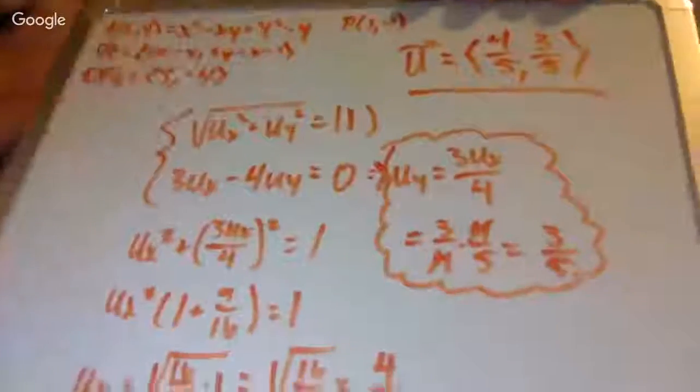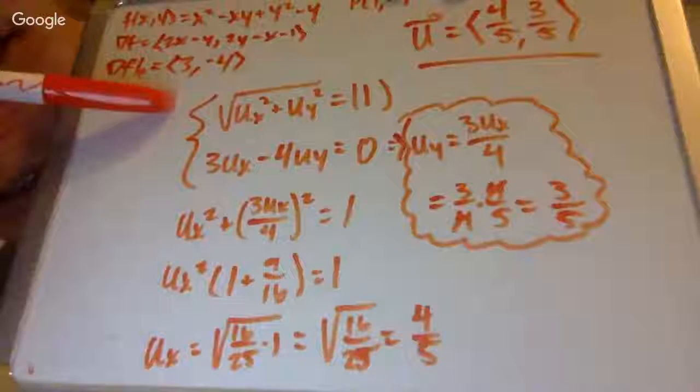I actually did it the other way. I solved for U of Y on the bottom equation, and since that was pretty simple, you didn't have to do any square roots before. So it ended up being U of Y equals 3/4 U of X. I started off there.